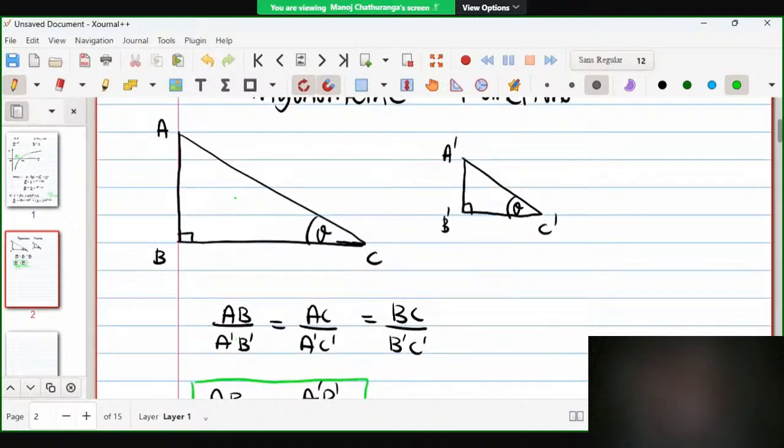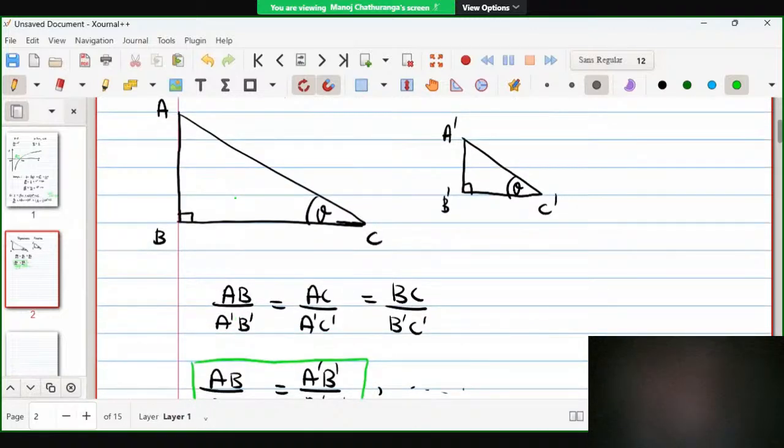So people came back to this triangle and gave this ratio a name. So AB over AC: since this depends only on the angle theta, they call this sine theta.